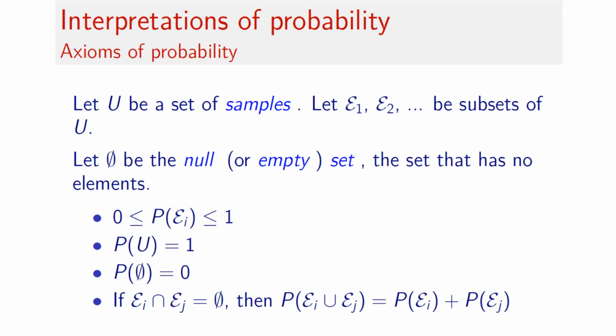And if epsilon 1 and epsilon 2 are disjoint, that is, the intersection is empty and they do not have samples in common, then capital P of the union of epsilon subindex I and epsilon subindex J is equal to capital P of epsilon subindex I plus capital P of epsilon subindex J, the last formula here.